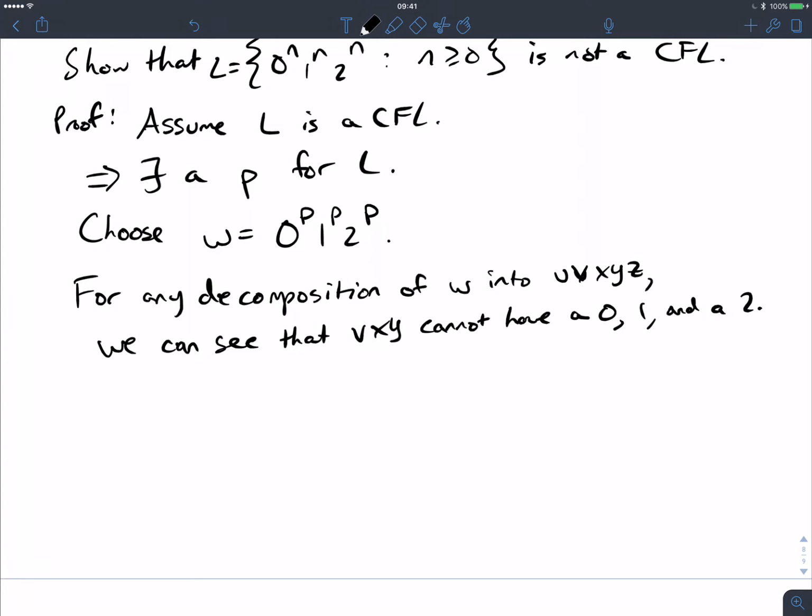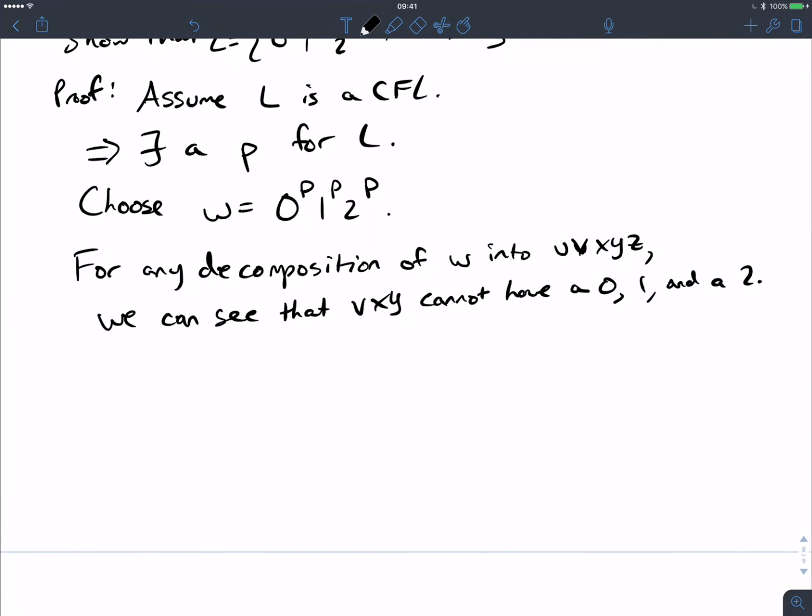Now we have to figure out, if I pump in an extra copy of V and Y, what could happen? Or take one out, or some other number of pumps into V and Y. So let's consider U V squared X Y squared Z. This may seem like a tough question, but it's really easy.